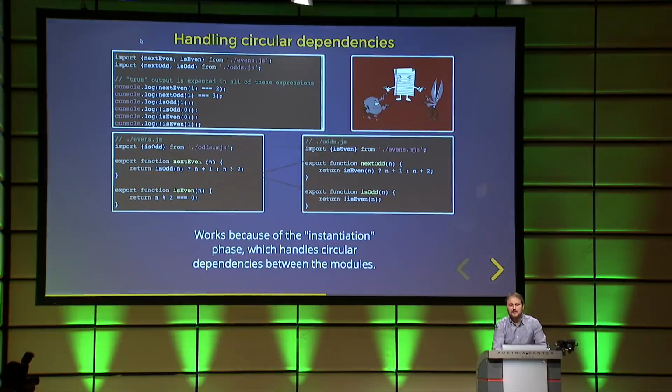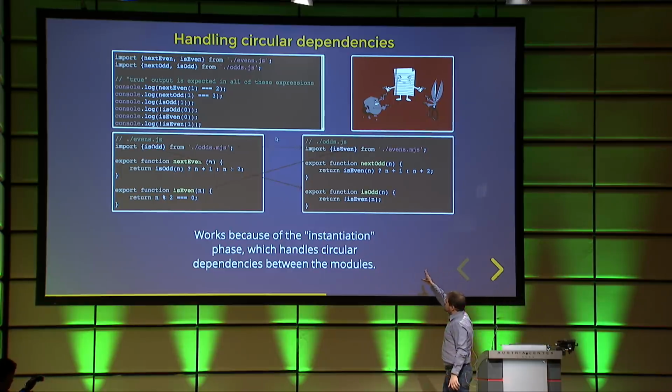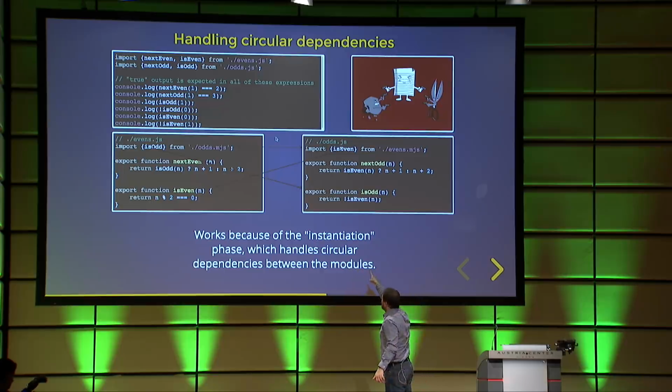Here, handling circular dependencies. You see, just like rock, paper, scissors. How? I have a particular example for you. Even numbers, odd numbers. There are two modules, and they are fully dependent on each other. But take a look, modules are dependent on each other, but not functions.